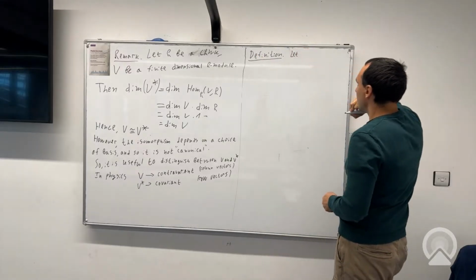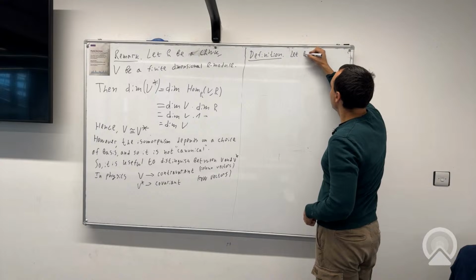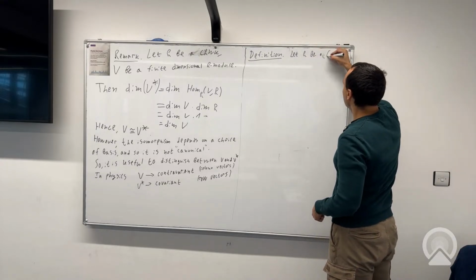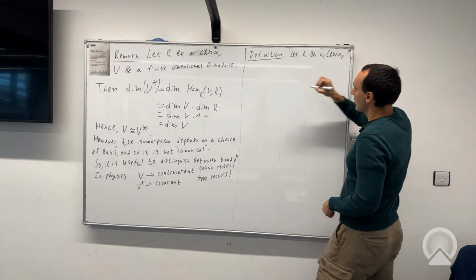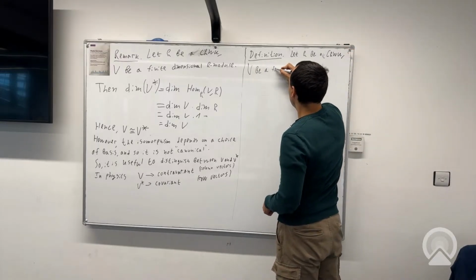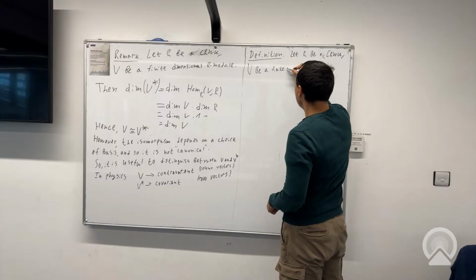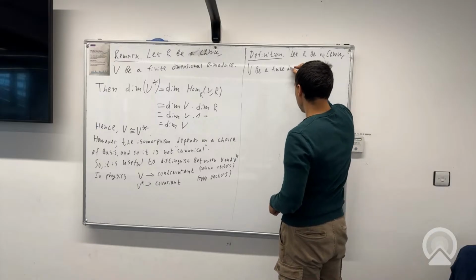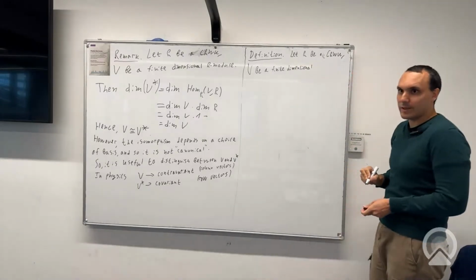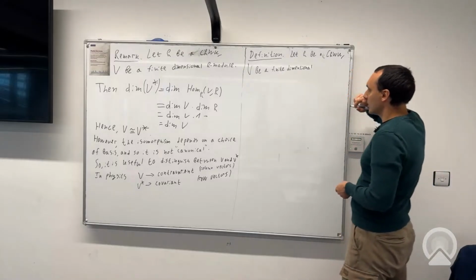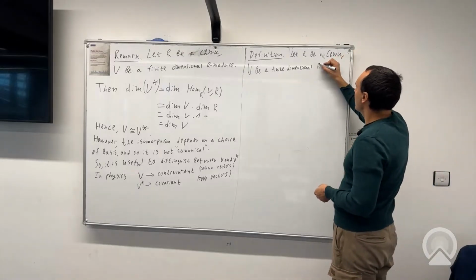So let R be a commutative ring with unity, and V be a finite dimensional R module. You might observe that sometimes I say finite dimensional, sometimes I don't. When I don't, I mean it's true in general, but sometimes I need to be specific.